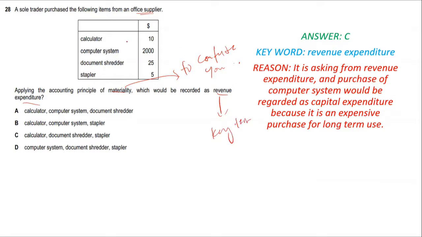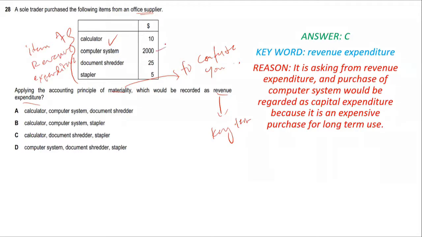Which item from this list are revenue expenditures? Items of revenue expenditure, that is what you have to answer in here.